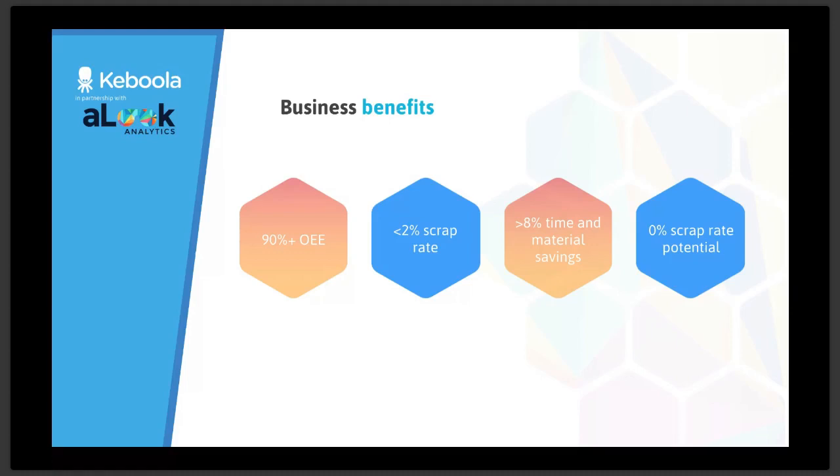A 90% range, so that's quite high, I would say. The obvious consequence of this is that if you're not producing that many defect products, defect components, you're wasting less time of the machine and also less material. So you have enormous savings on this side as well.